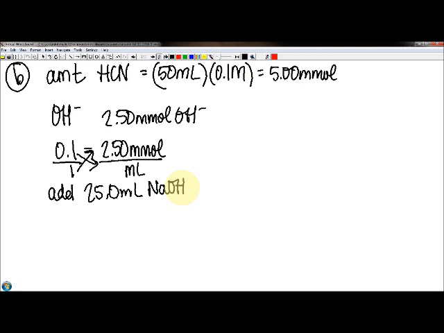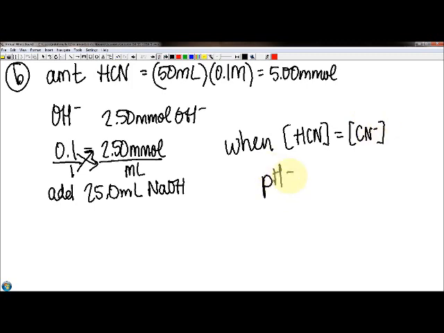When the concentration of our acid is equal to the concentration of the conjugate base at the halfway point, this is what's going to happen. Then we learned before that the pH can equal the pKa. Okay? So we don't need to do anything with an acid expression right now.